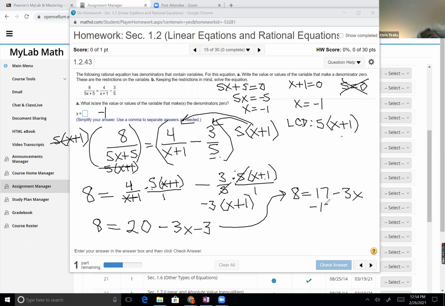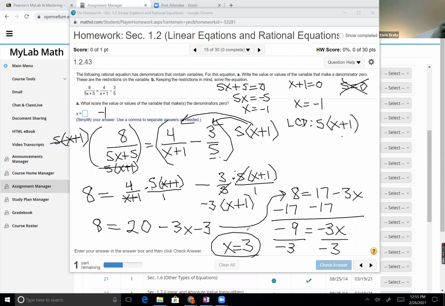I'll subtract the 17 from both sides, giving me negative 9 equals negative 3x. And then dividing by the negative 3, I'll end up with x equals 3.